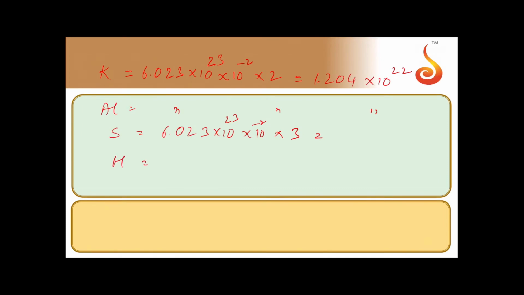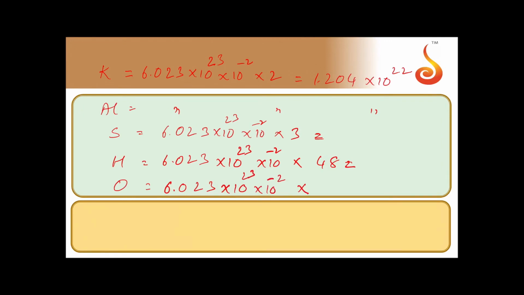Let us find hydrogen atoms first. So 6.023 into 10 to the power of 23 into 10 to the power of minus 2, into the number of hydrogen atoms, which are 24 H2O, 24 into 2, 48, so into 48. Next, the number of oxygen atoms: the number of moles into the number of oxygen atoms.